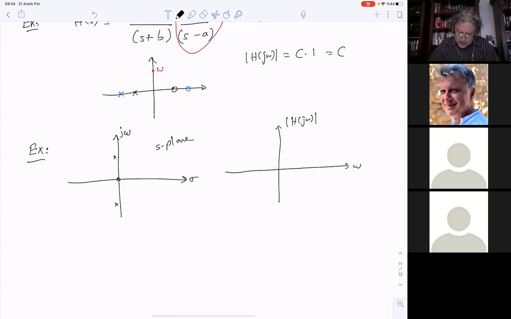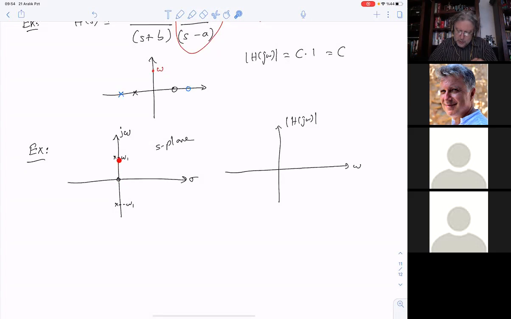Now, here you see frequency, let's call it omega 1, and here it is minus omega 1, of course. When the frequency is 0, by the way, H of j omega is equal to 0 because there is a zero of the system at omega equals 0. So let's move up a little bit.